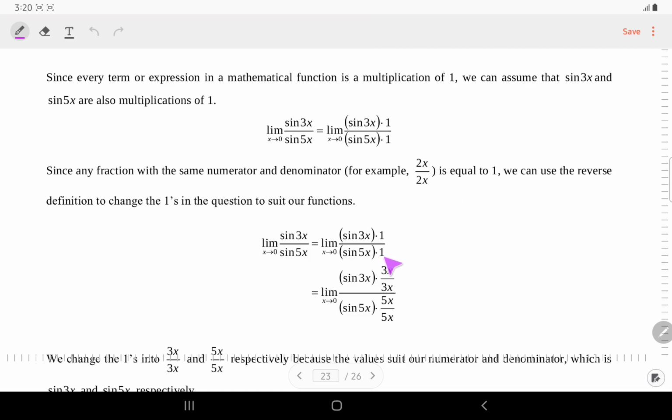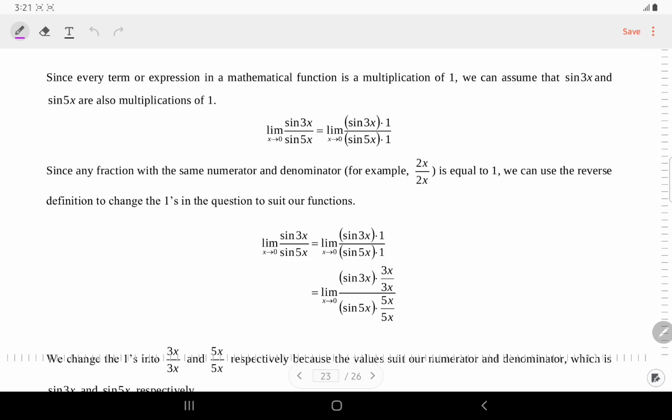In this solution we can see that the value of 1 on top changes into 3x divided by 3x, and the 1 at the bottom is 5x divided by 5x.